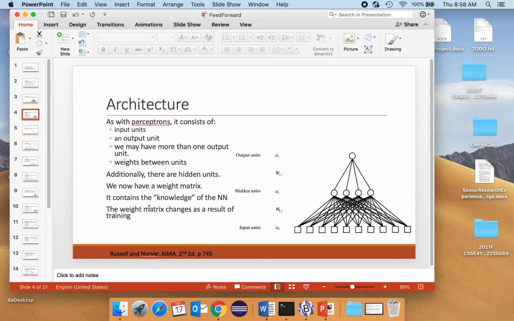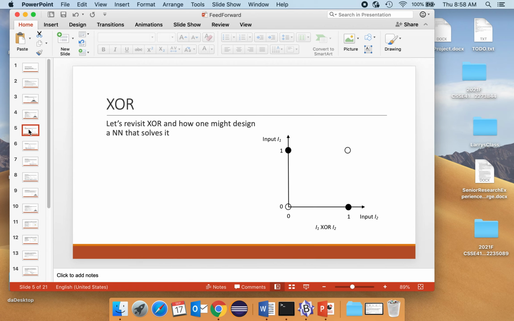So again, the only difference then are the hidden units, or the hidden layers. So let's revisit XOR and understand what the hidden layer buys us. XOR, again, we cannot linearly separate the outputs.